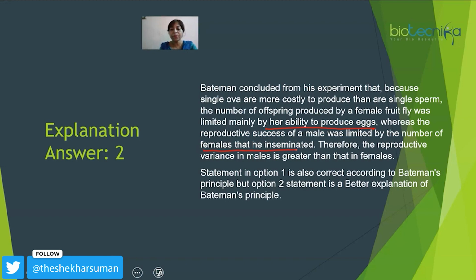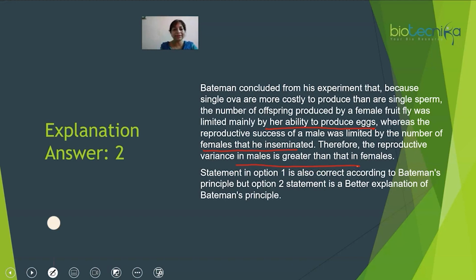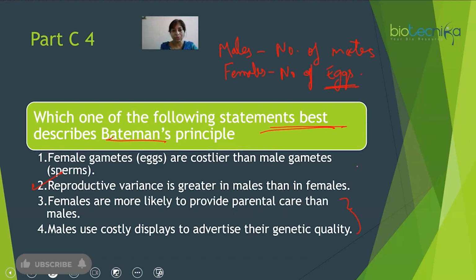Therefore, reproductive variance in males is greater than in females. So the best statement that describes Bateman's principle will be statement 2.